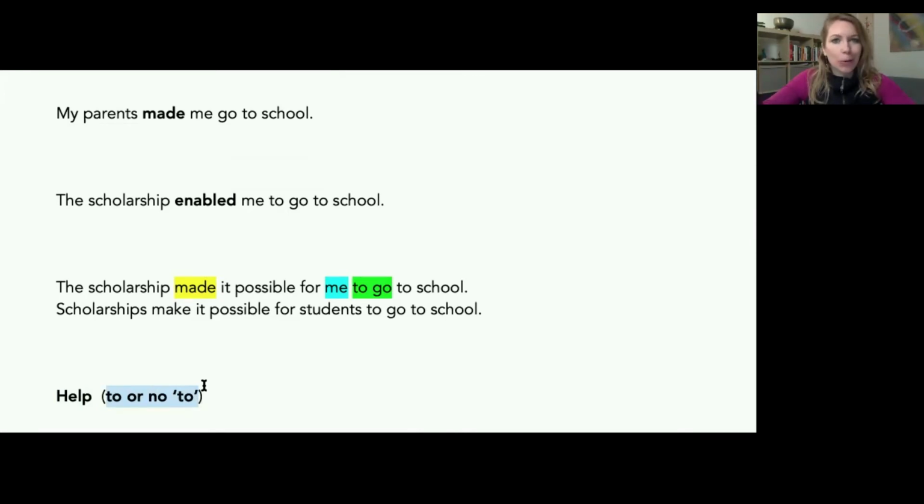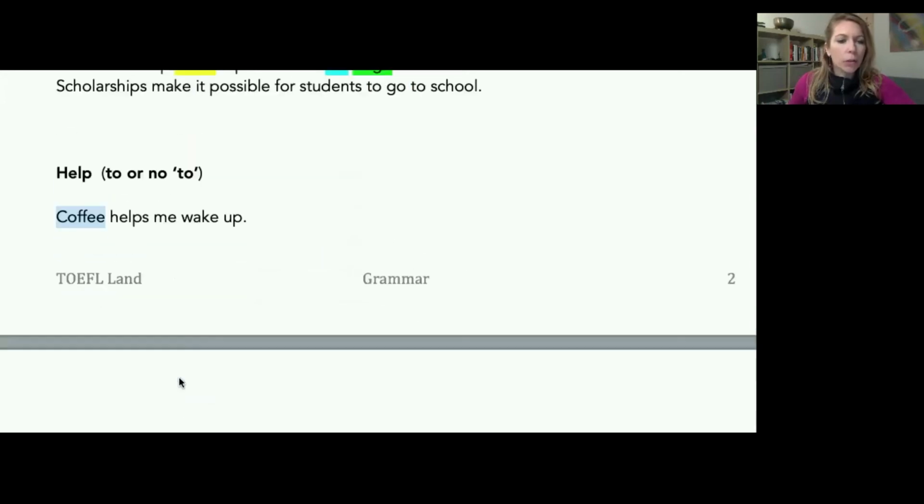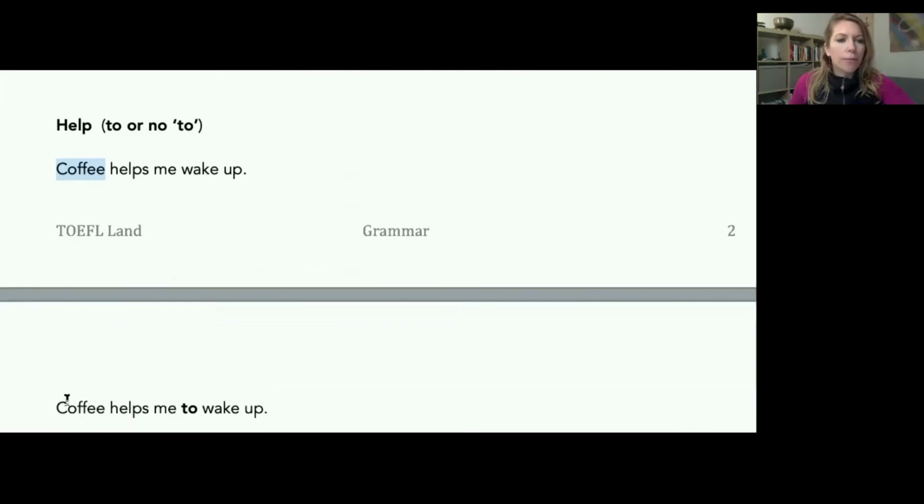It's up to you. Okay, so with help, it really can go either way. So for example, you could say coffee helps me wake up. There's no "to" there, right? Coffee helps me wake up. Okay, but you could add in the "to" if you wanted to. You can say coffee helps me to wake up.